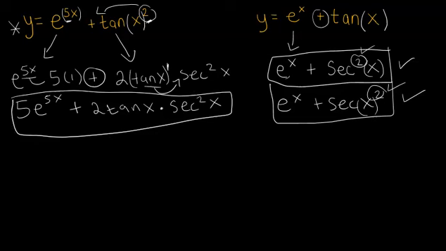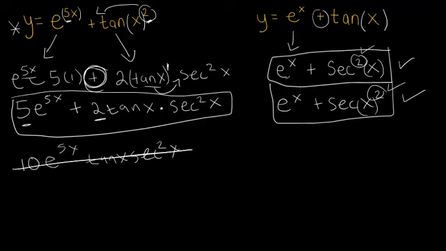If I did not put that plus sign right here and I forgot about it, I would have accidentally taken this 2 and this 5 and multiplied it, made it into 10. And then it would have been 10e to the 5x tan x secant square x, which would have been absolutely incorrect because we aren't multiplying, we're adding.